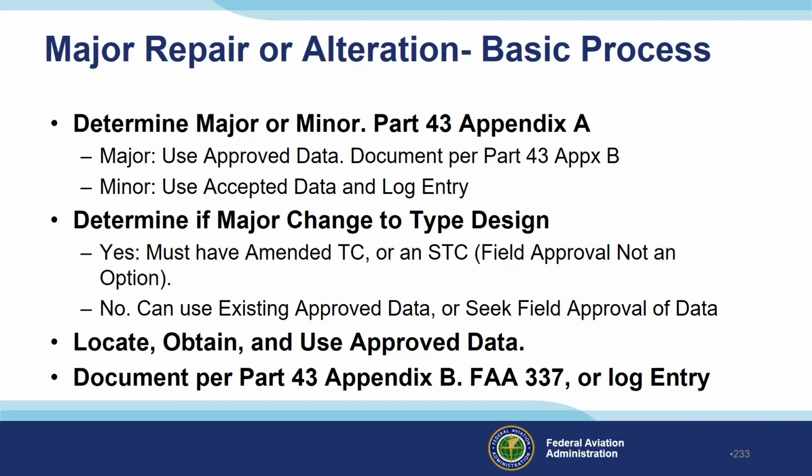Or you can seek field approval of your data. You'll submit a package to your FSDO. Then you'll locate, obtain, and use the approved data to do the work, and you'll document it by 337 or log entry as defined in Appendix B of Part 43.